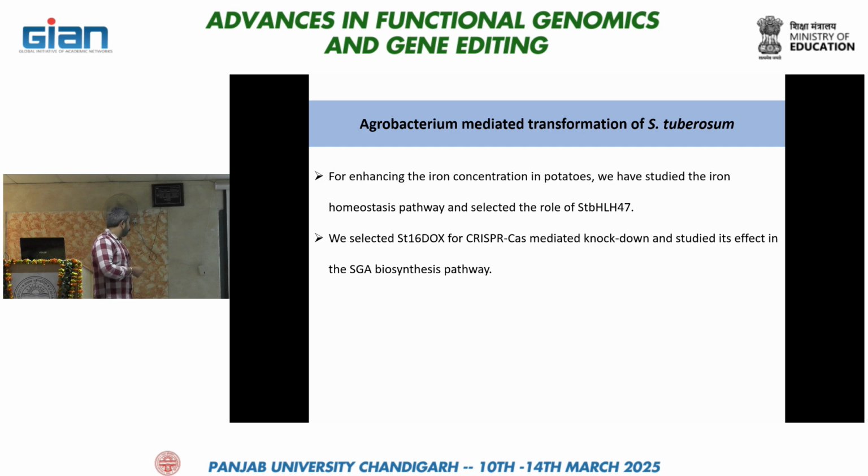For regulating the secondary metabolite concentration, we selected the 16-DOX gene in potato. We targeted them using the CRISPR-Cas9 approach and successfully knocked them down. We'll not go into much detail about it.